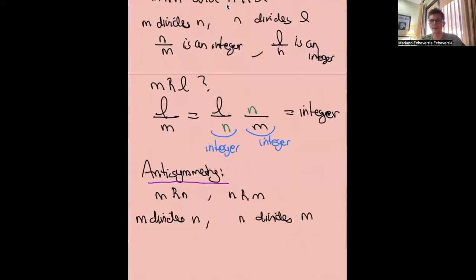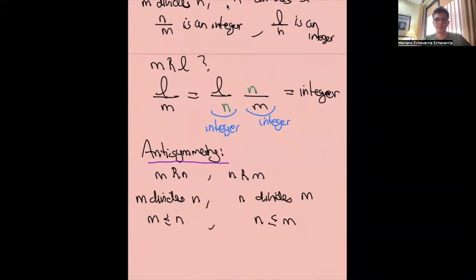For an integer to divide another integer, we're dealing with positive integers, that means that m must be less or equal to n, and this one means that n must be less or equal to m, right? So the antisymmetry is just a consequence of the antisymmetry for the usual less or equal property between numbers.